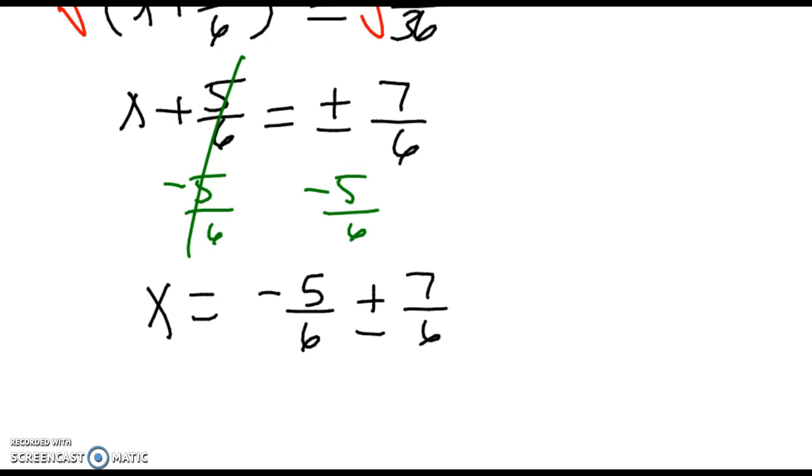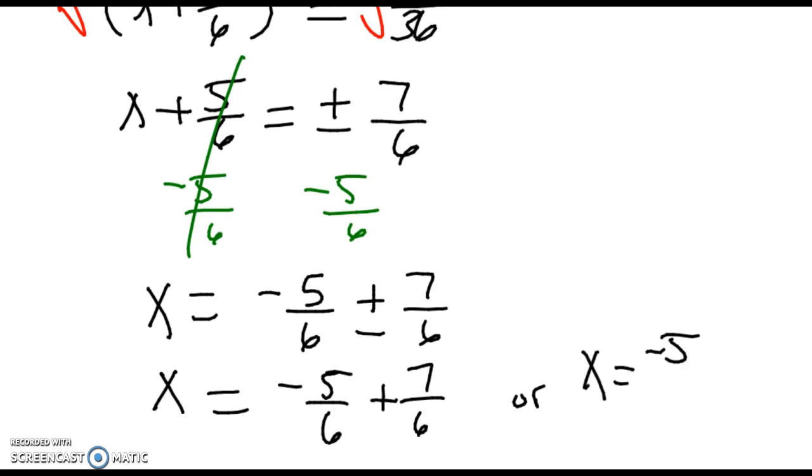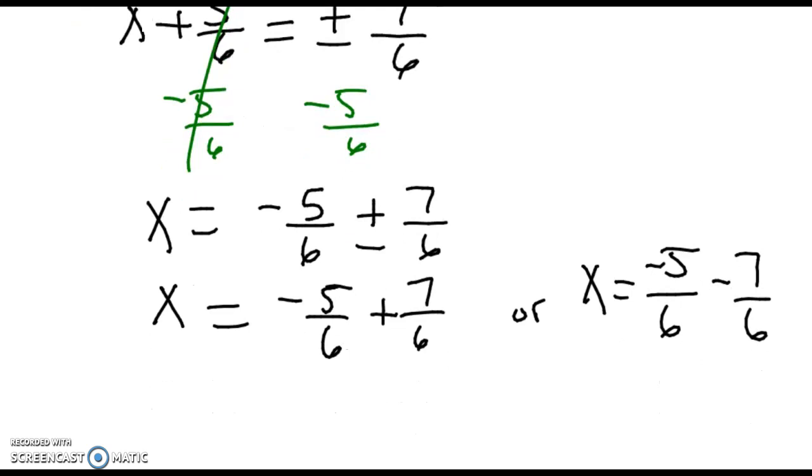So our two solutions for x would be that x equals negative 5/6 plus 7/6, or x equals negative 5/6 minus 7/6. And then we need to simplify. So x equals negative 5/6 plus 7/6 is positive 2/6, which simplifies to 1/3.